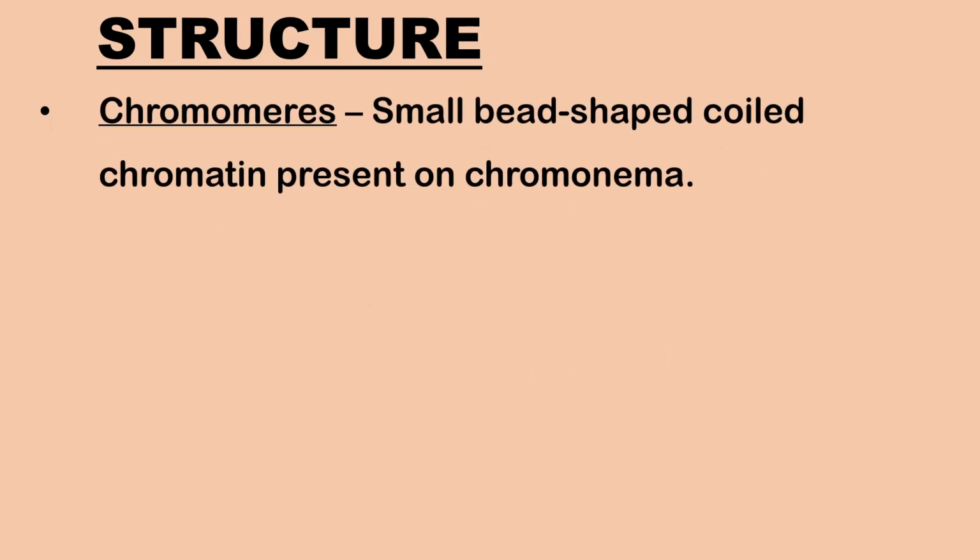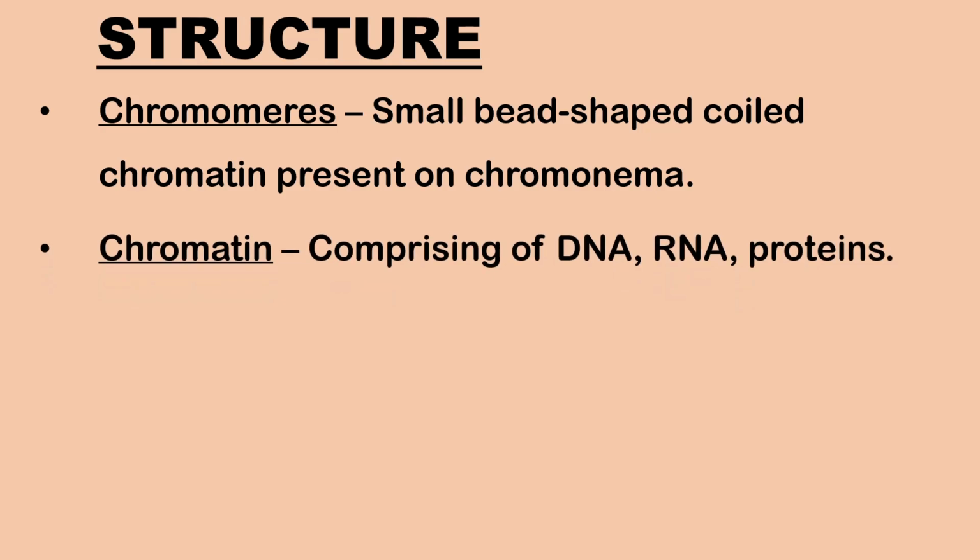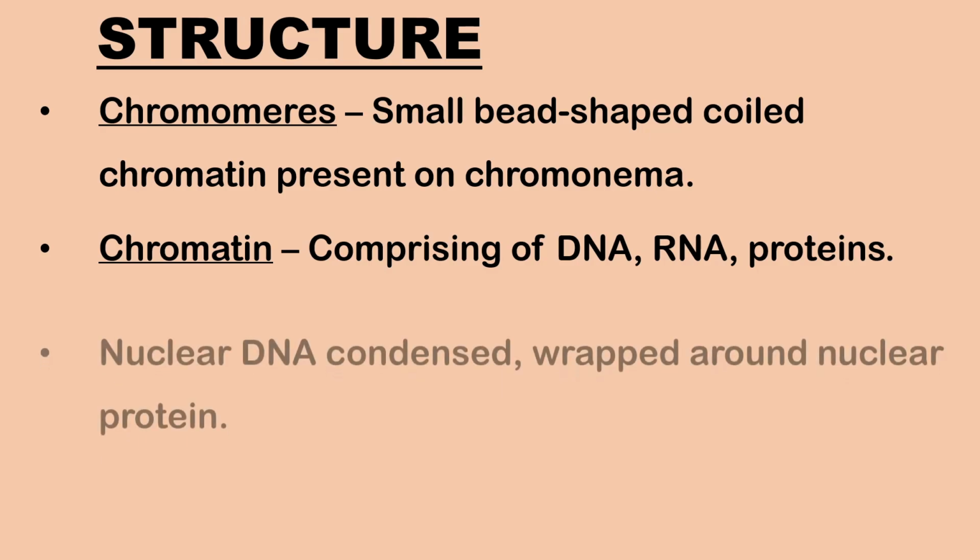Chromomeres are small bead-shaped coiled chromatin present on chromonema that are linearly arranged along the length of the chromosome. Chromatin is a complex genetic material comprising of DNA, RNA, and associated proteins.